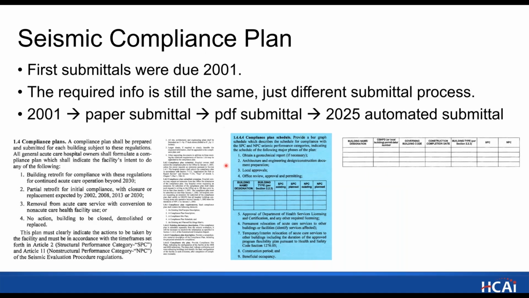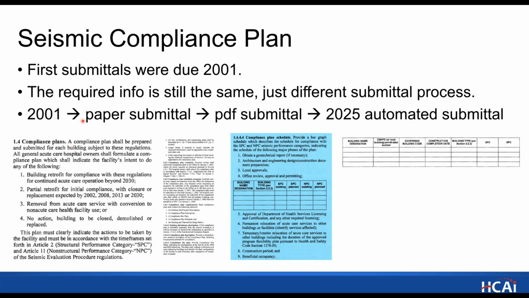A little background on the seismic compliance plan. This is nothing new. More than 25 years ago, all the rules and regulations were set, and since then the requirement has not changed. The only thing that changed over the years is how the submittal is done.